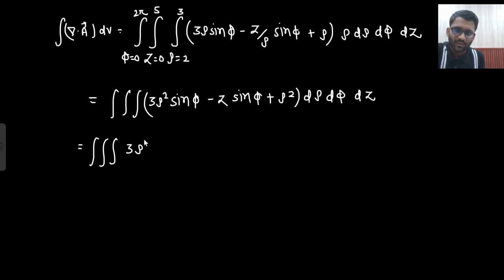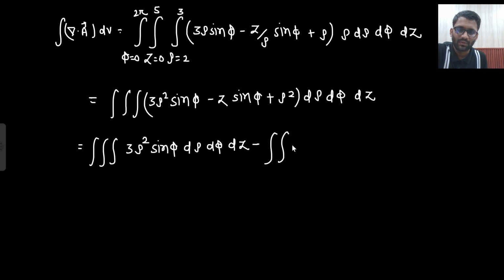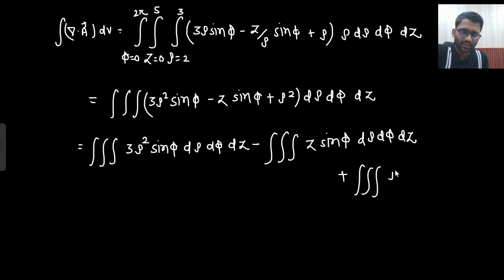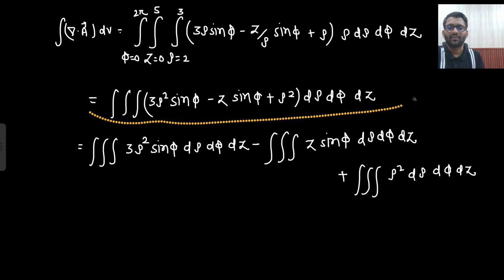So 3 rho square sin phi d rho d phi dz. Actually this step is needless. Now then minus z sin phi d rho d phi dz plus rho square d rho d phi dz. There was no use of this step, so I will just remove it.